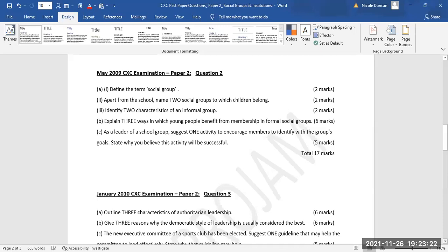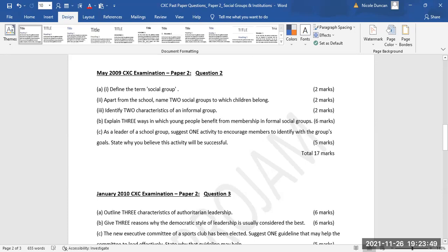Any of those youth groups. Children are part of the family, right? Cadet, Boy Scout, Girls Guide. Those are some examples of groups children are a part of. The peer group can be a group of children as well. Though it can be a group of adults, it can be a group of children. So those are some examples. Good. Any 2 of those will suffice and you get 2 marks.